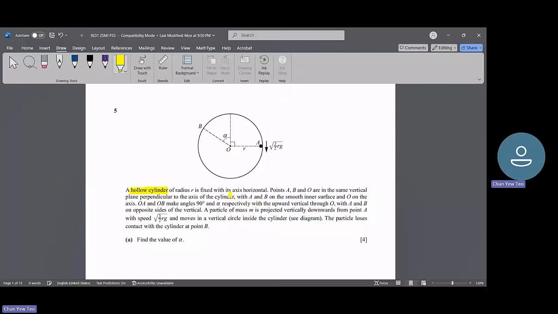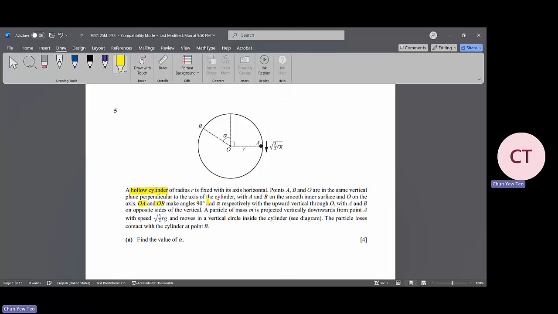A hollow cylinder of radius r is fixed with the axis horizontal. Points A, B, and O are in the same vertical plane perpendicular to the axis of the cylinder. A and B are on the smooth inner surface and O is on the axis.